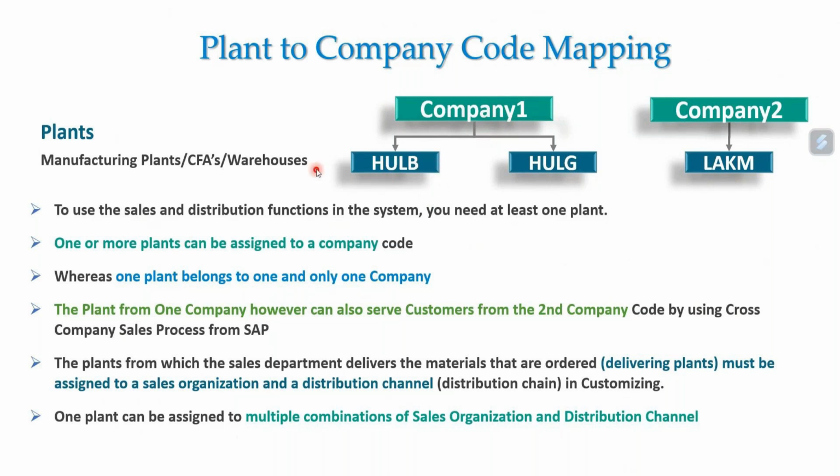Similarly, if HUL has a warehouse in Delhi, it will normally keep personal care and oral care together, right? So one plant is serving the needs of two sales organizations. Therefore, one plant can be assigned to multiple sales orgs and channels.